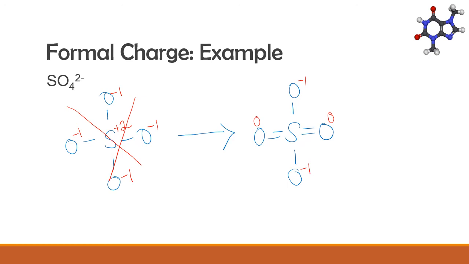The sulfur atom would now have a formal charge of 0. So with this structure, there is a balance of formal charges. The other two oxygen atoms still have a formal charge of -1, but this is okay because the sulfate ion has a 2- charge.